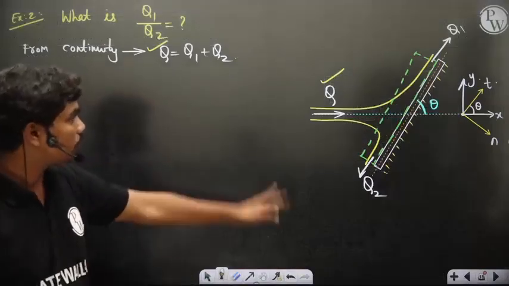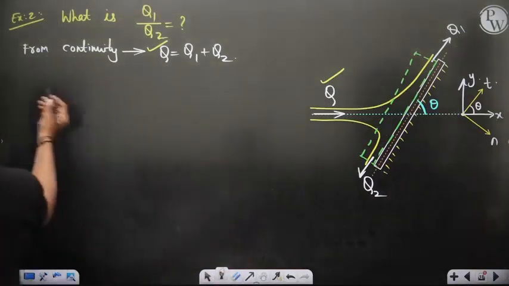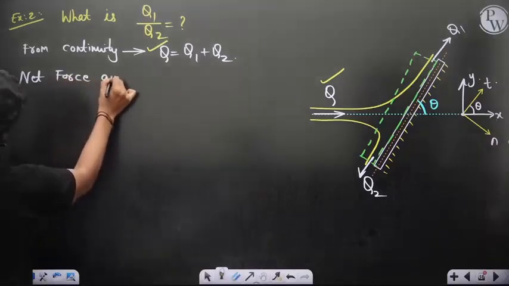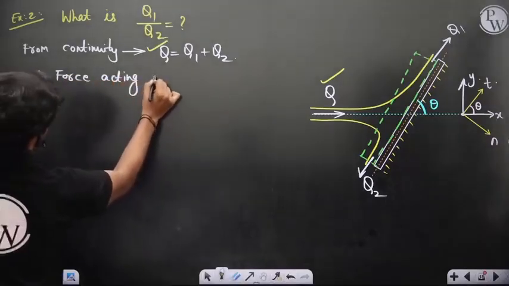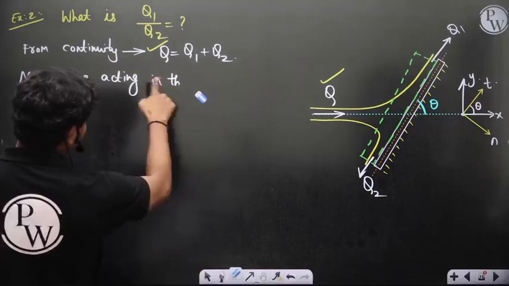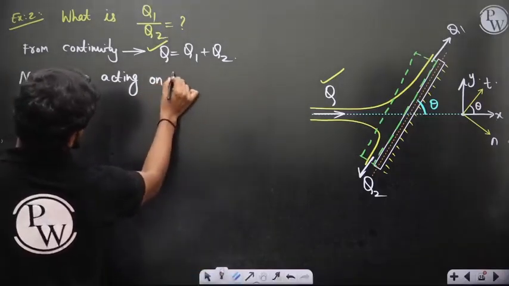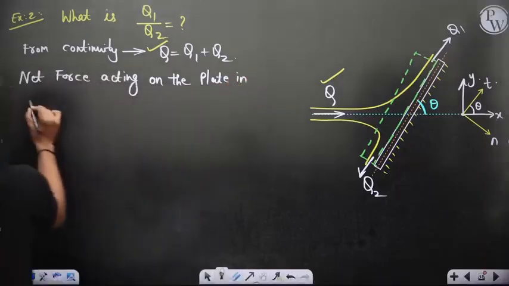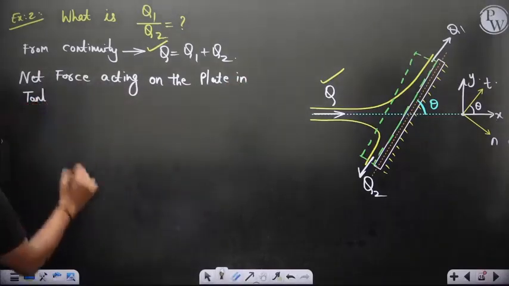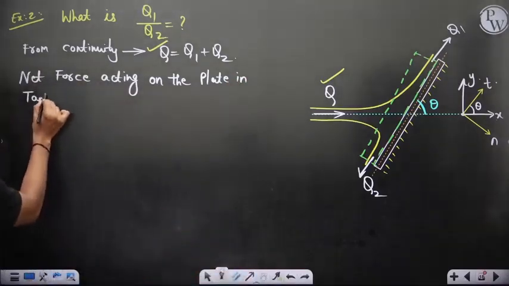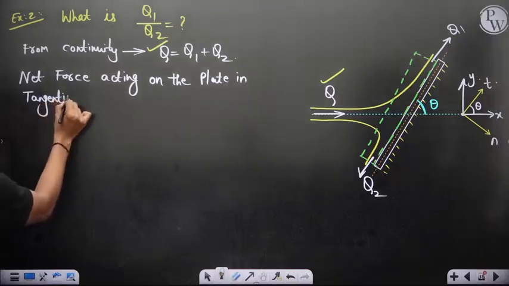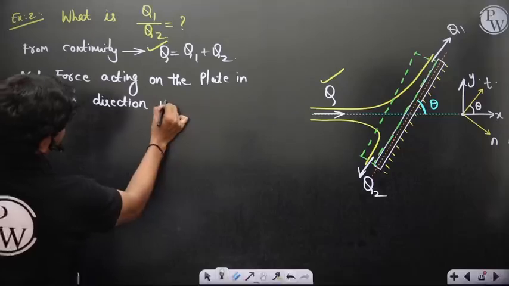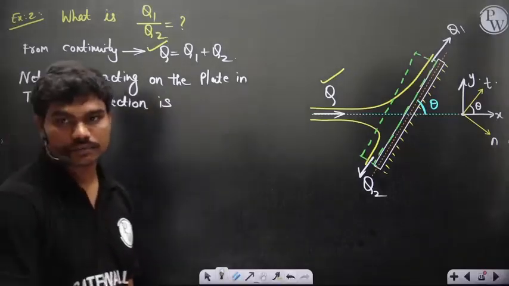Fine. Now let's solve this question then. Now the net force acting in the tangential direction on the plate is how much?